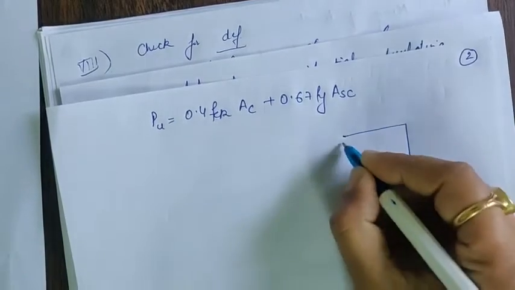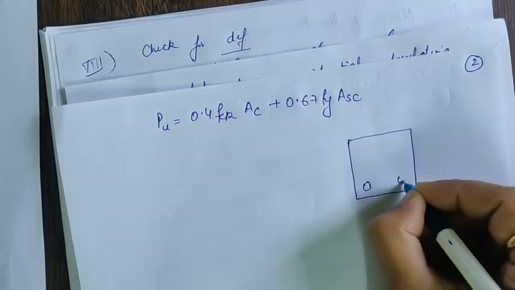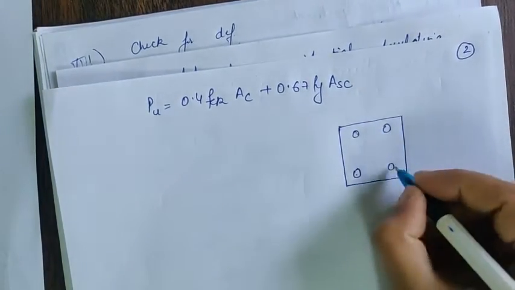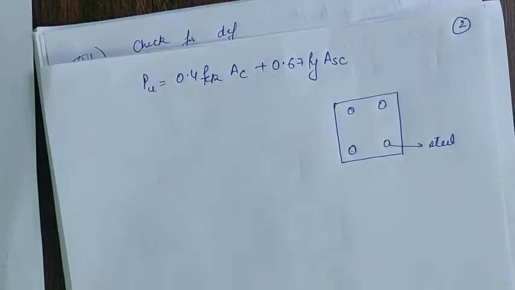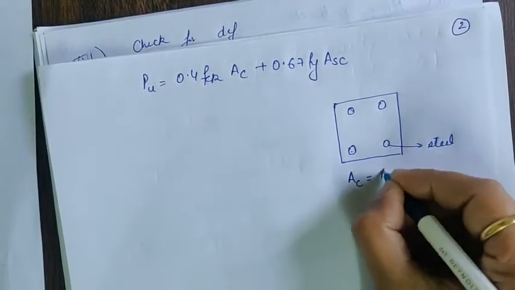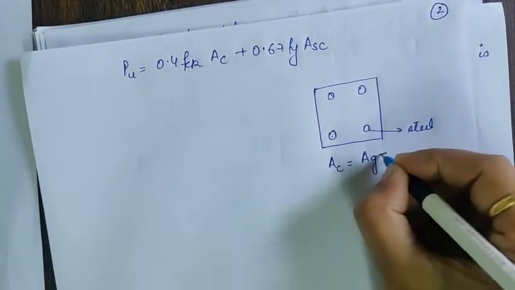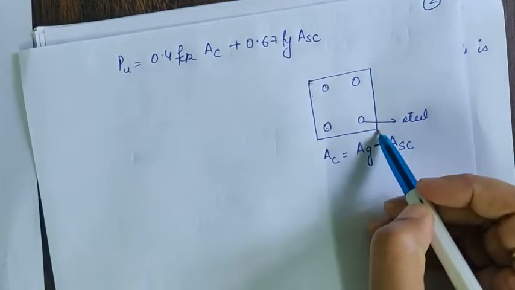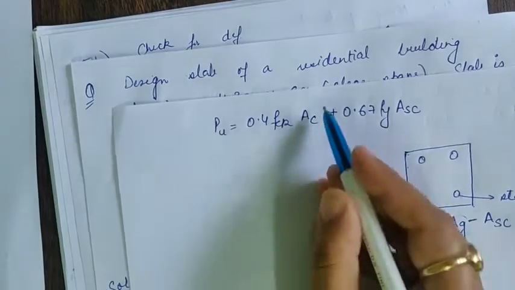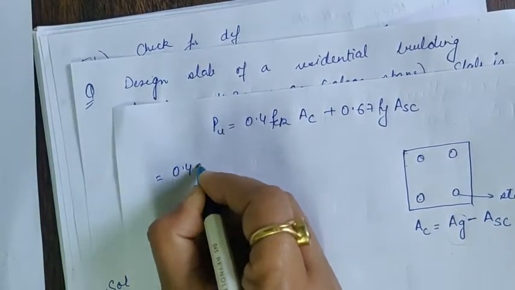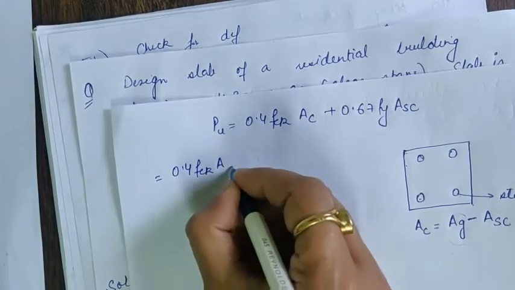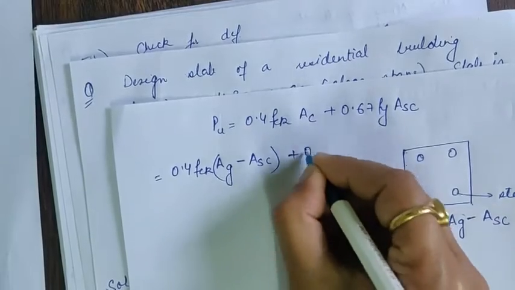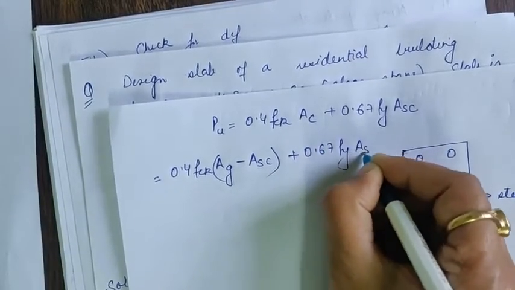Now, if you look at the cross section, the whole of this is concrete except these bars that are of steel. So area of concrete can be easily said as total gross area minus area of steel. Because we generally have the cross-sectional details, we have the gross area. So instead of writing AC, we generally write 0.4 into FCK into AG minus ASC plus 0.67 FY into ASC.